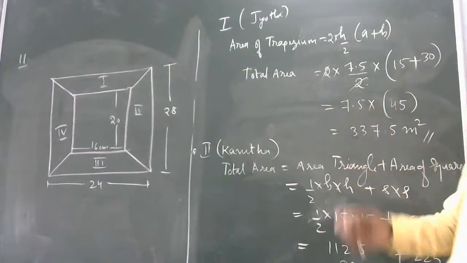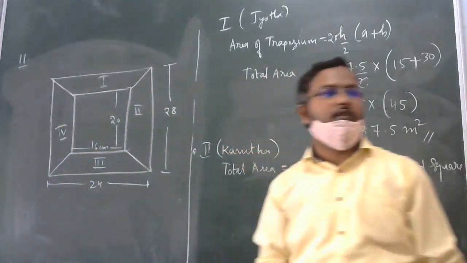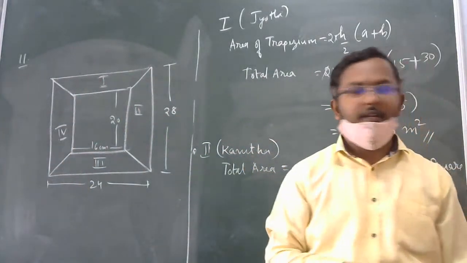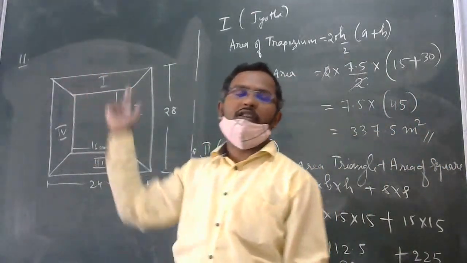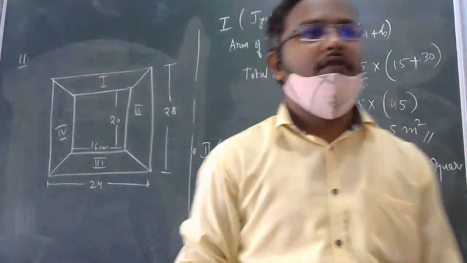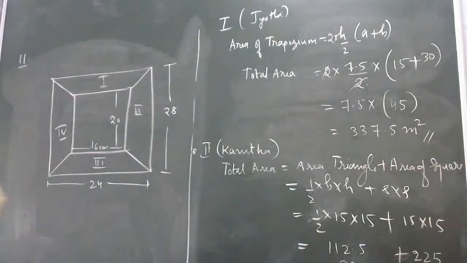Whatever width there is, this thickness is the same for all 4 sections. So find the area of each section of this frame. This frame is in which shape? It is a trapezium. So find the area of each section.